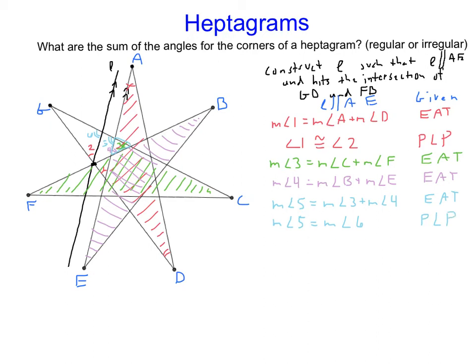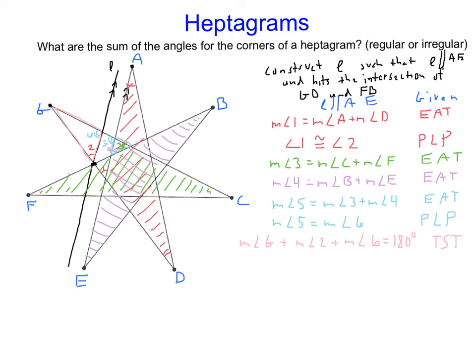Okay, so now we have this triangle over in this corner. And all of those angles, the measure of angle G plus the measure of angle 2 plus the measure of angle 6, all has to equal 180 degrees by the triangle sum theorem. And we know that that one's true.